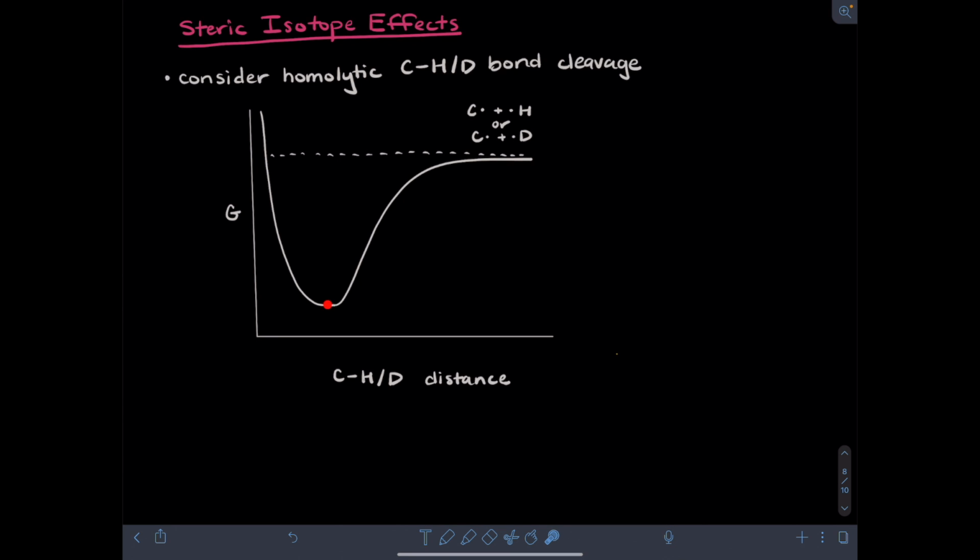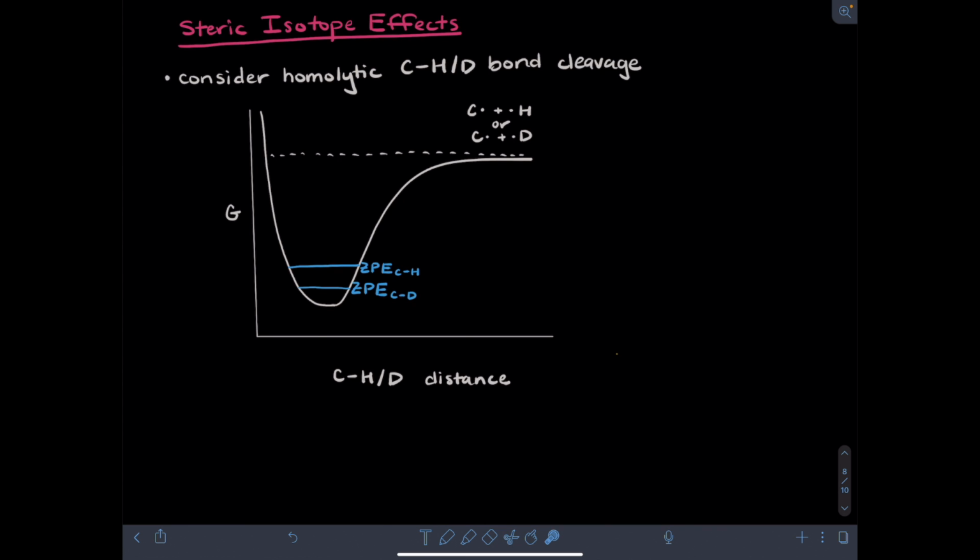Our lowest energy point corresponds to our typical bond length. Going shorter than this leads to nuclear repulsion and a quick increase in energy, and going longer leads to a more steady increase in energy, leveling off at some energy corresponding to complete bond cleavage and radical formation.